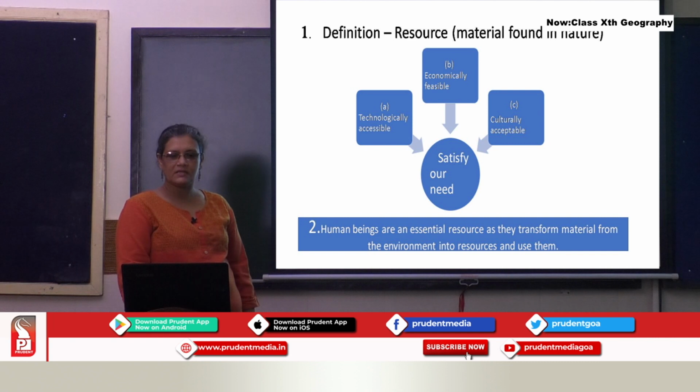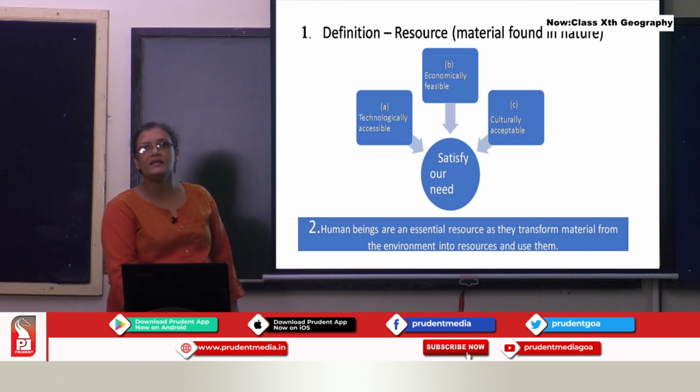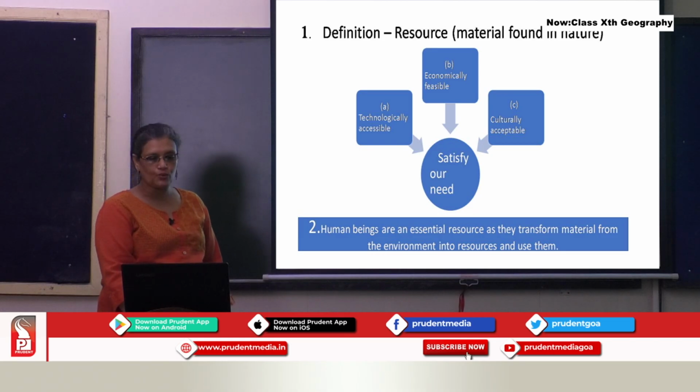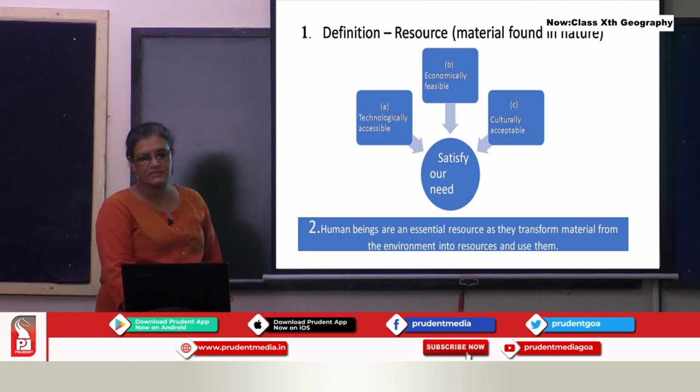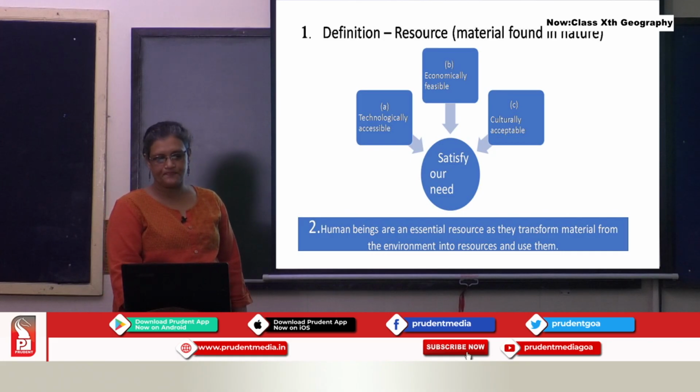We shall learn about these in the next slide, but before that, we need to know that human beings too are an essential resource because they transform the material from the environment into resources and use them.